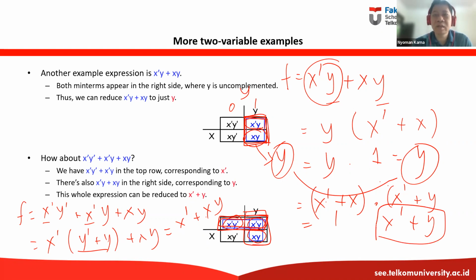And by using the K-map, we can also simplify the function by creating a bigger group. This is the group, and this is also the group. To become x naught, this is x naught, this one is y. So x naught plus y, because we have two groups, two blocks in this case.